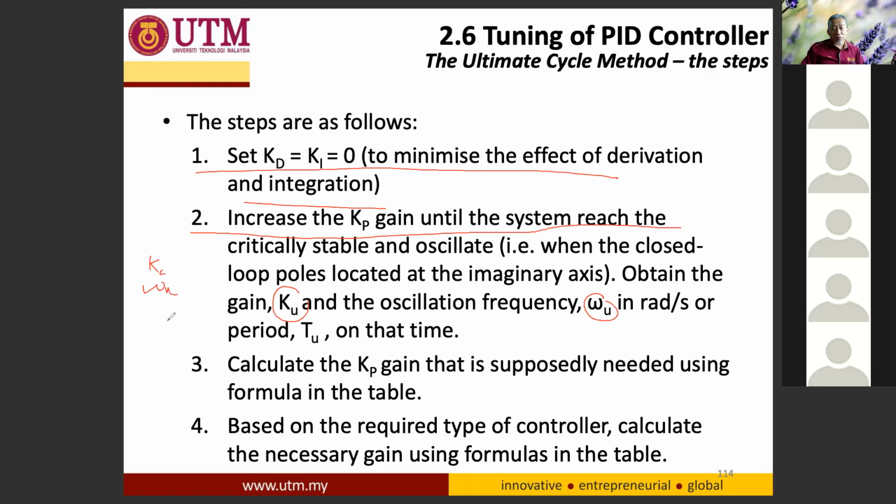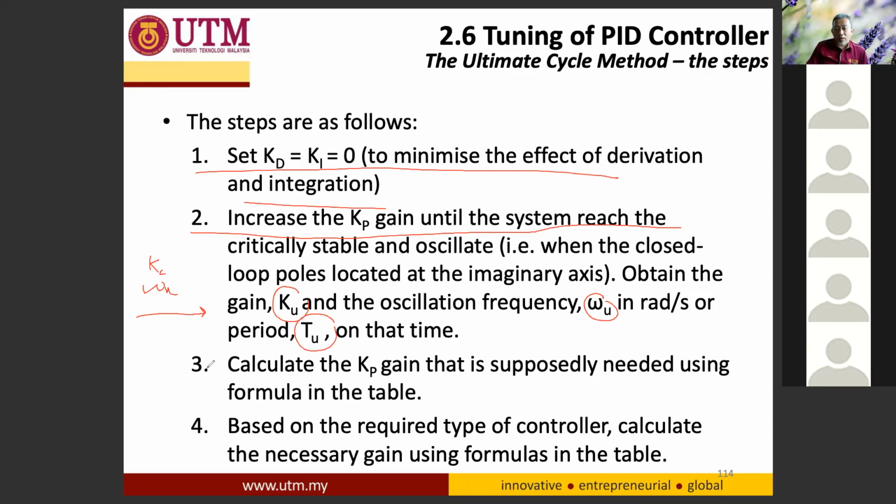But for the purpose of the Ziggler-Nichols method, the point of intersection between the root locus and the imaginary axis will produce a critical gain, which is known as Ku, and the oscillation frequency for the critical gain is known as omega u in radian per second, or Tu at that particular time, which is the period.